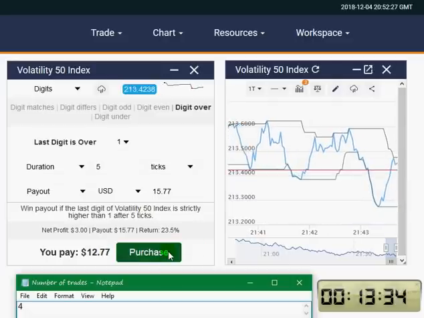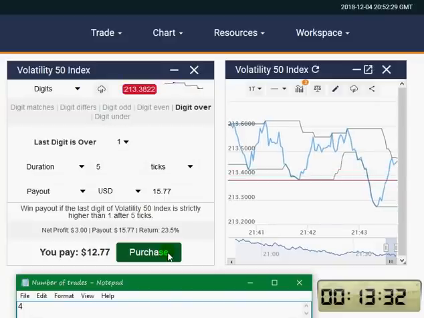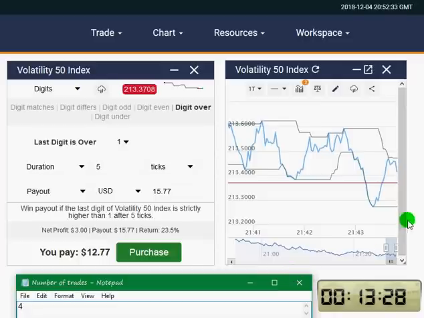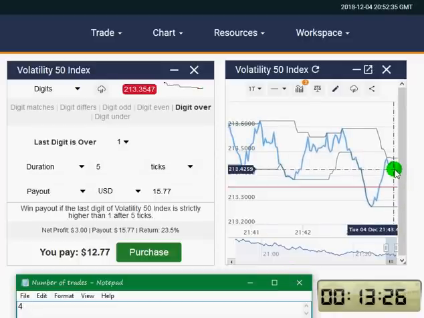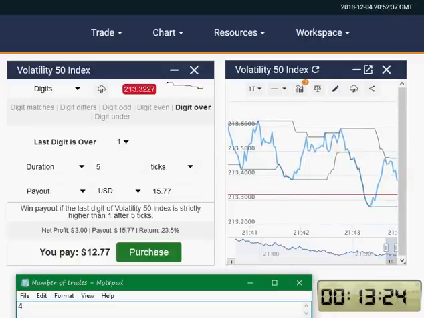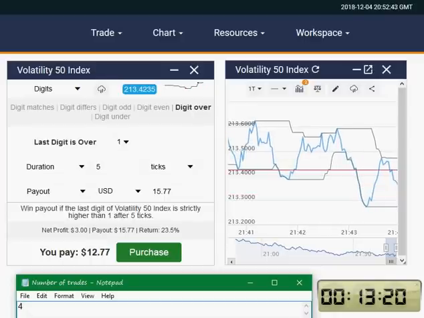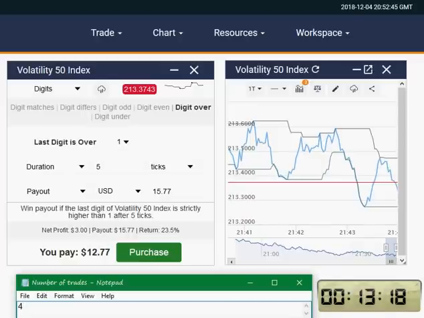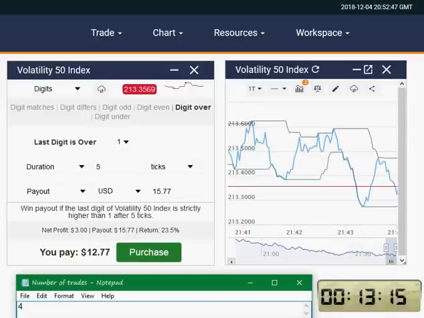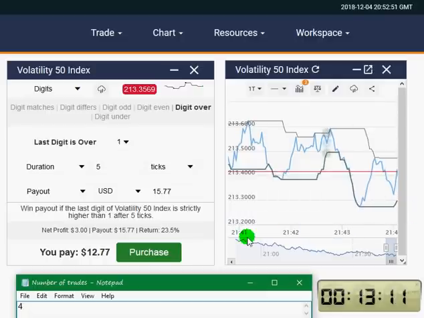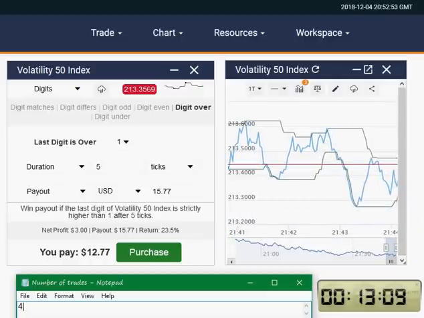Let's give it still more minutes. Close. Let's give it some time again. Let's give it some time to close. It's going down.